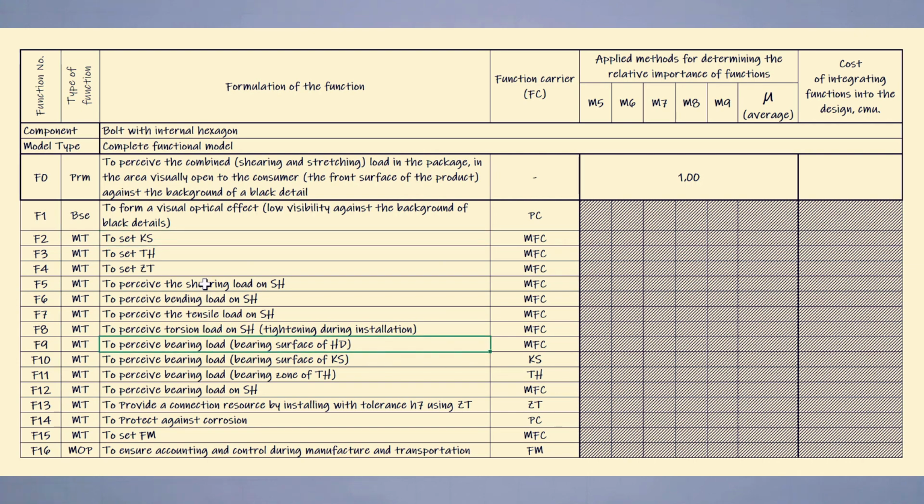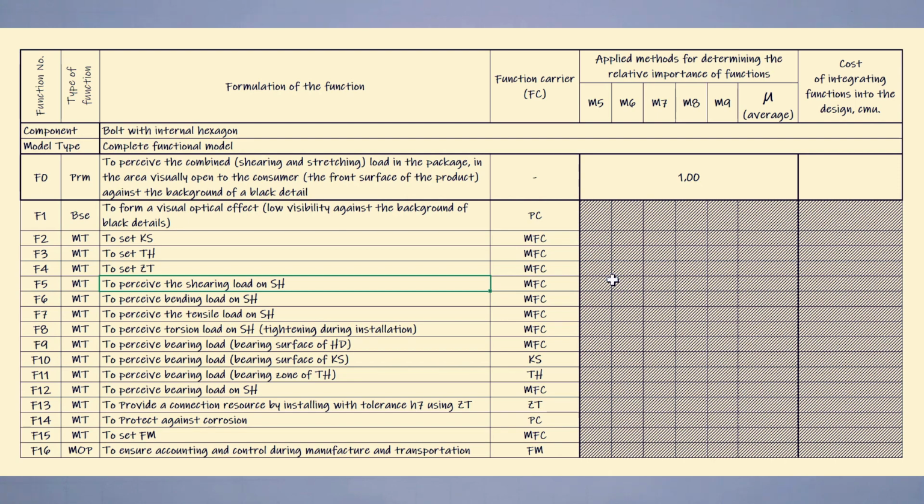If it can be reduced to the option "to perceive the shearing load" or "to perceive shear", nevertheless it does not meet the requirements of principle number 1, because the noun should denote the object to which its action is directed, i.e. the formulation has to be expanded again to the form "to perceive the shearing load on SH" or ball shank. It's code for ball shank.